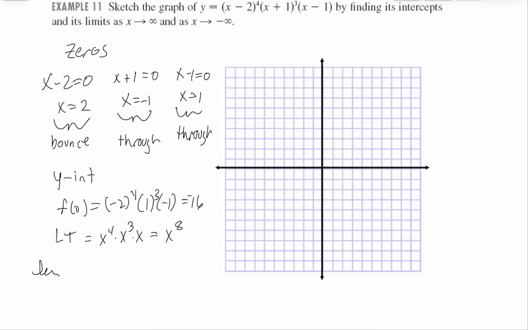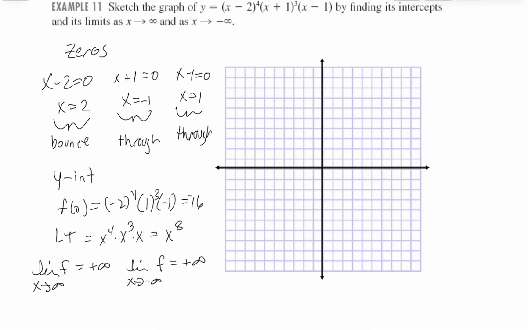So our right end, which is our limit as x approaches infinity, is going up. Our left end, which is our limit as x approaches negative infinity of our function, is also going up. Okay. So we have everything we need in order to graph that pretty seamlessly, pretty nicely, okay?